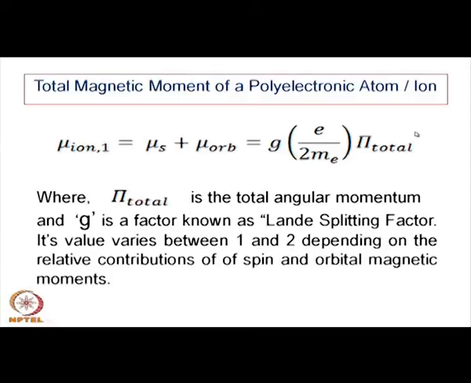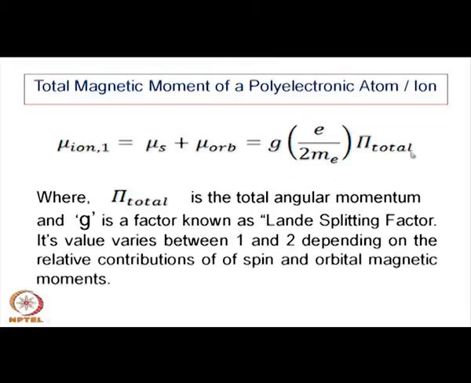The total magnetic moment of a polyelectronic atom, which we have discussed so far in terms of the orbital magnetic moment or the spin magnetic moment, we talked about only one electron. However, atoms have more electrons, and they will combine and interact, and the overall magnetic moment of the atom, from the electron we are upgrading it to the atom.